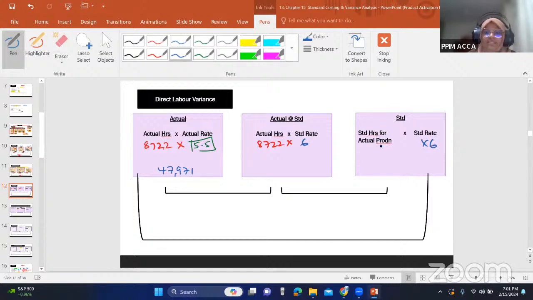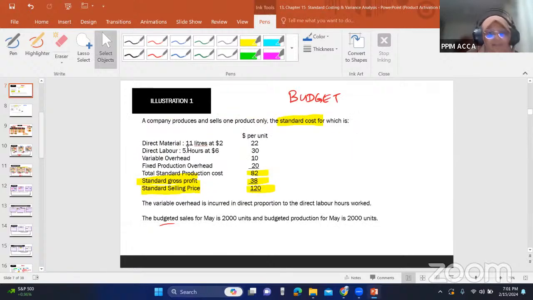Then standard hours for actual production. So for 1 unit, according to my budget, how many hours should I spend? That's the question. It's saying direct labor, we are supposed to spend 5 hours. For 1 unit, you should spend 5 hours making it. So we produce 1,750. So standard hours for actual production will be 5 into 1,750.